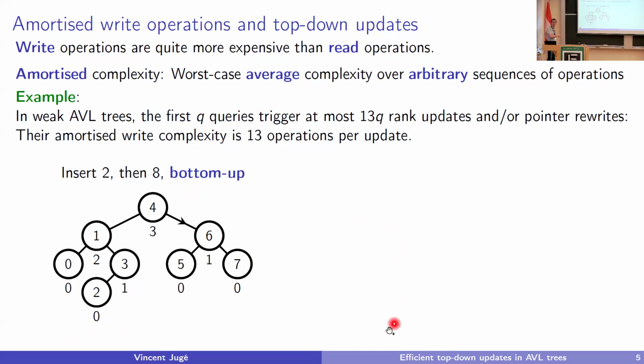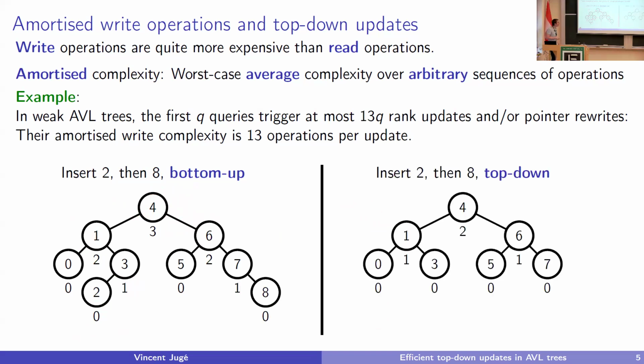In particular, you have to wait until the end before you can start inserting 8, because maybe you would have some local changes around the vicinity of the root, and they may have some impact on what you have to do when you want to insert the 8 value. Okay, and then I do the same thing. No surprise here. So here I will present to you an idealistic version of what a top-down algorithm would do. I'm a bit lying, but it's okay.